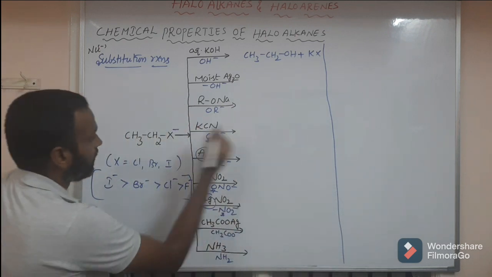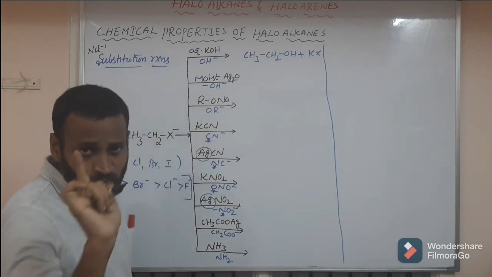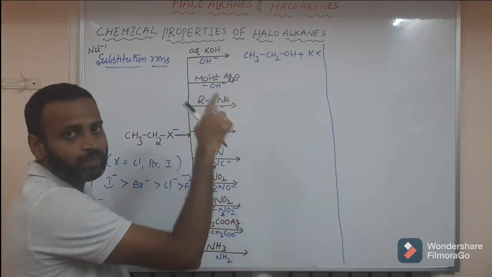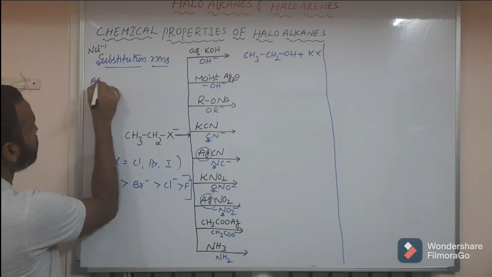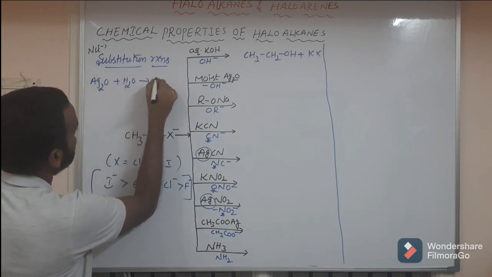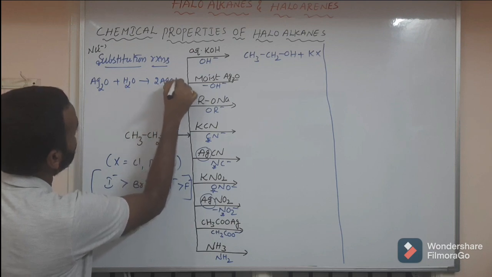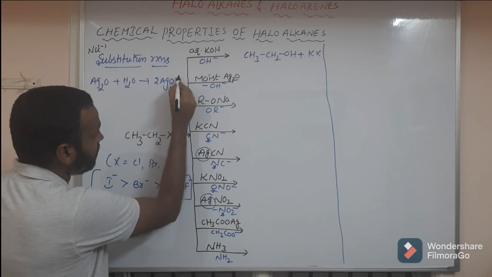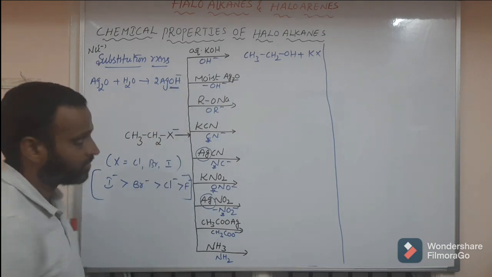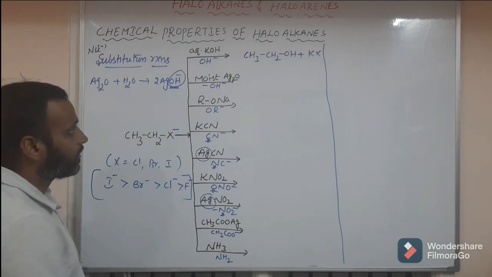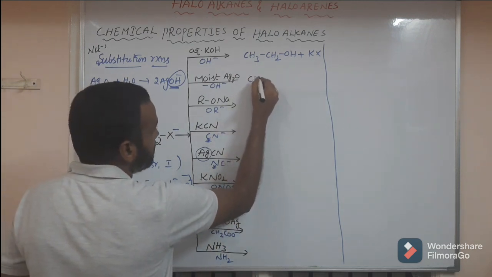Got it clearly? Now if you are using moist Ag2O, that is very important. Moist Ag2O means Ag2O with water, certainly 2 moles of AgOH will come. So what will be the nucleophile here? OH minus is the nucleophile. That means what you will have here?